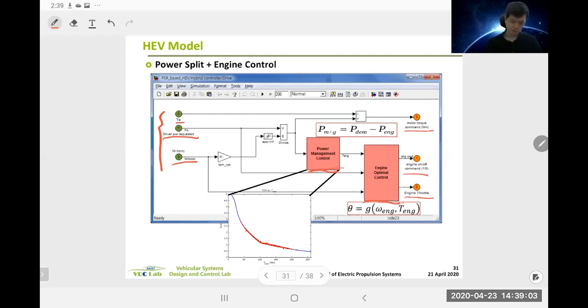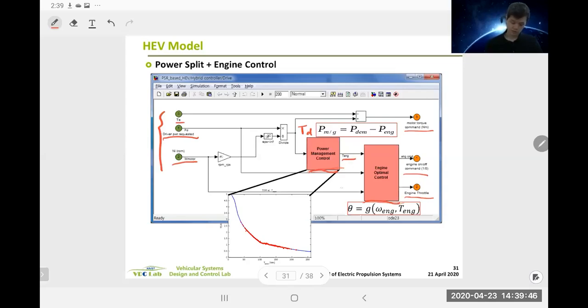So how do we find these values? I mean, we want optimal values, right? We want to optimize these outputs of the controller. So the way this works is that we first compute torque demand at the transmission input, and then using that torque demand, we're going to compute engine torque.